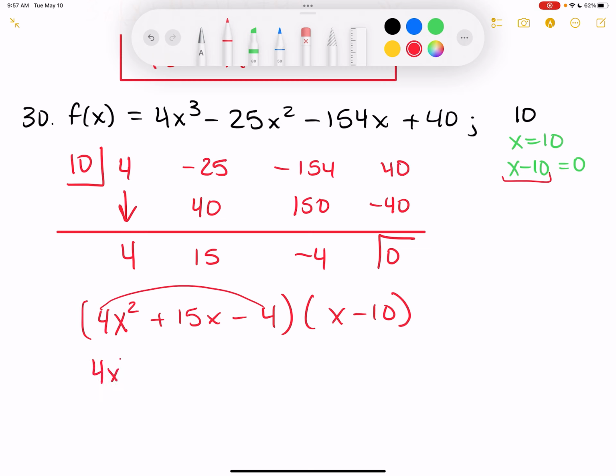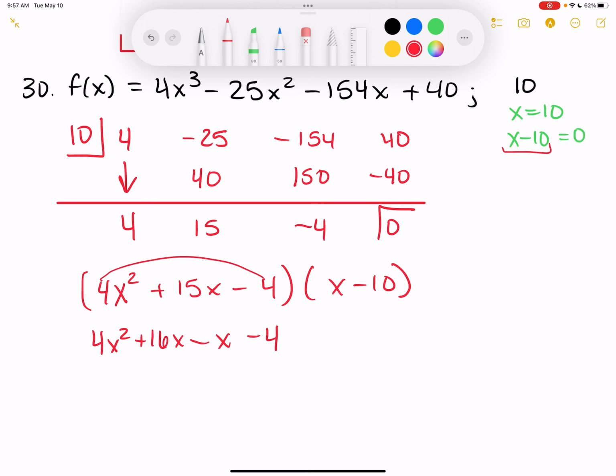So 4x squared plus 16x minus 1x minus 4. Factor by grouping. What do I take out? 4x. And that leaves me with x plus 4.